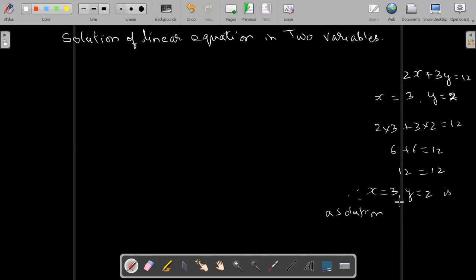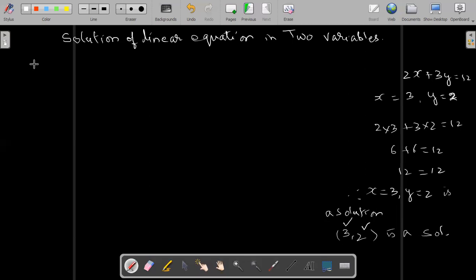So this is an ordered pair (3, 2). Always x will be written first, y will be written second. So that means the ordered pair which is satisfying the equation.